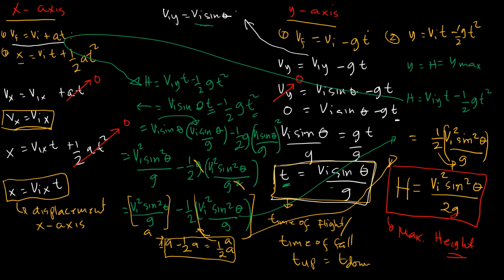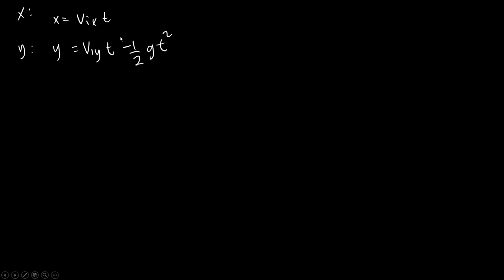For the x-axis displacement, we have this equation here. This is the equation for x-axis displacement, and for y-axis displacement, we can use this term here. So let's try to solve for that. For x-axis, this is given by x is equals to v sub i x times t, and for y-axis, this is given by y is equals to v sub i y times t minus 1/2 g t square.